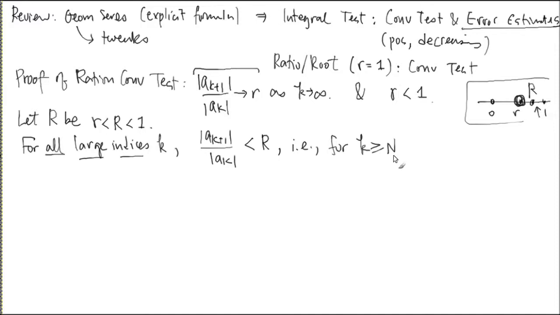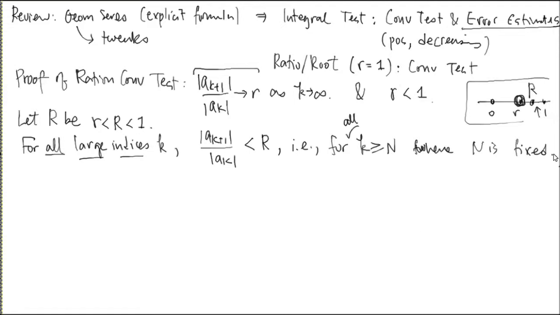There are some indices from that point on where this ratio will never come back to capital R. It's all down there near little r. So for all k greater than some fixed index, for example n is 1000, from the index 1000 on forever, this quotient is very close to little r, therefore away from R.